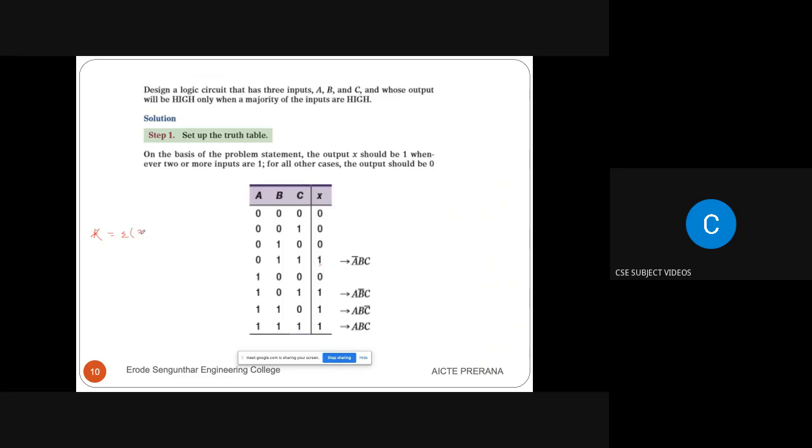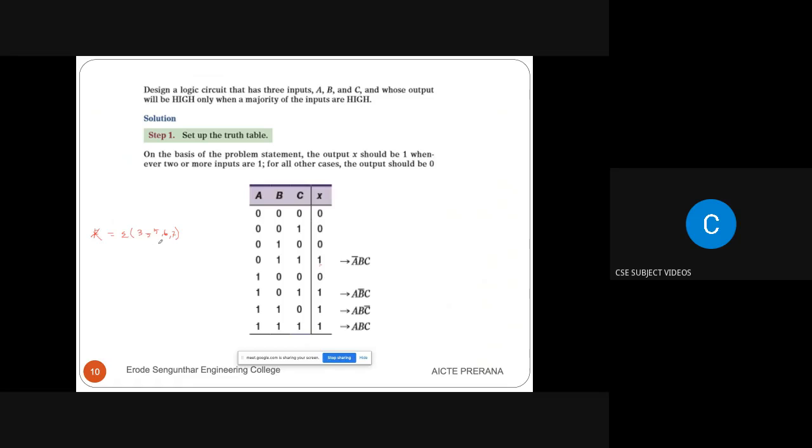Then 1, 0, 1 is 5, so 3, 5, and the next minterms are 6 and 7. So this is the sum of minterms for this truth table.